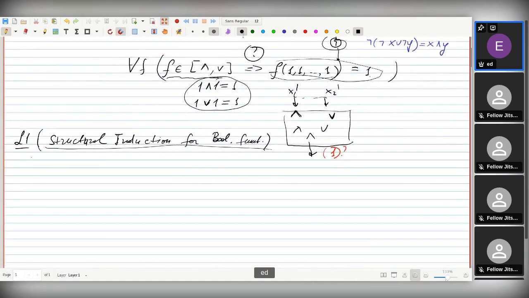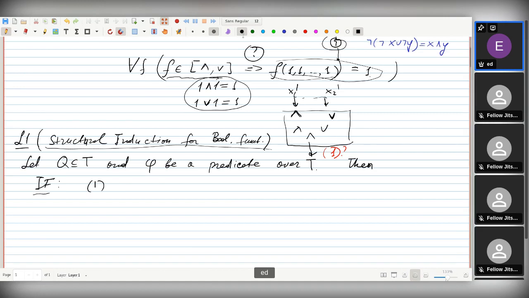Okay. So what is given? Let Q be a set of Boolean functions, whatever. And phi be a predicate, a property. It is a predicate, something about Boolean functions, a predicate over this set of Boolean functions. Then, if the following holds, first of all, we have something like the base case.